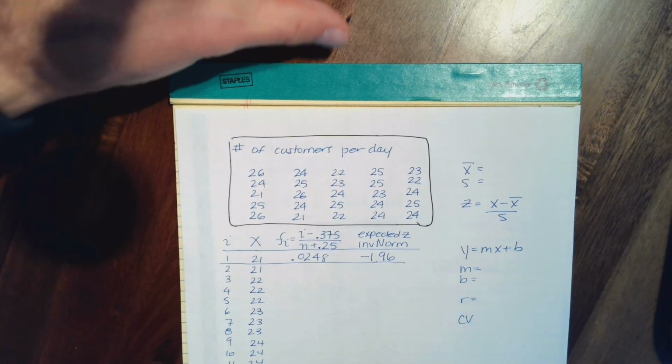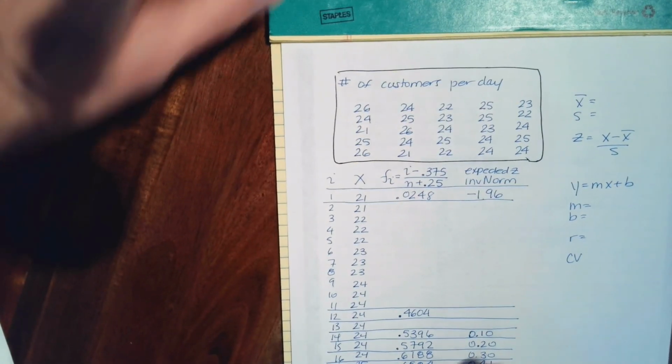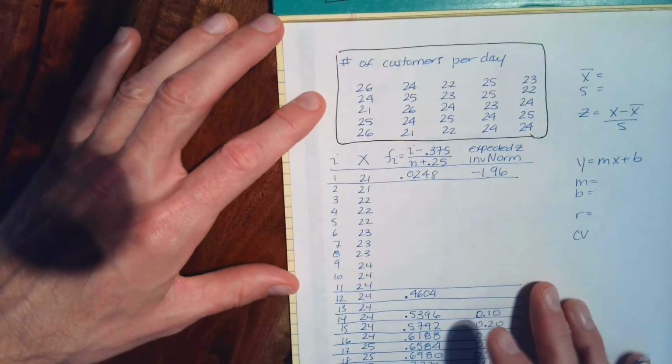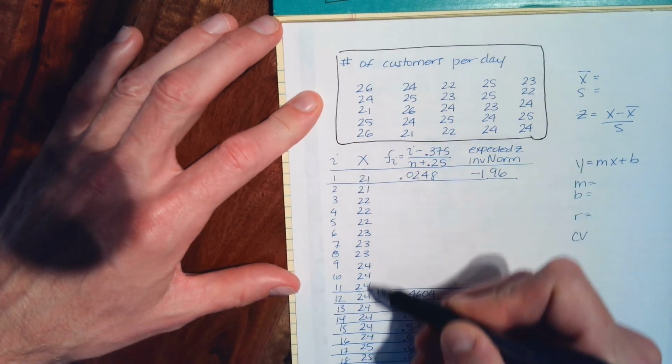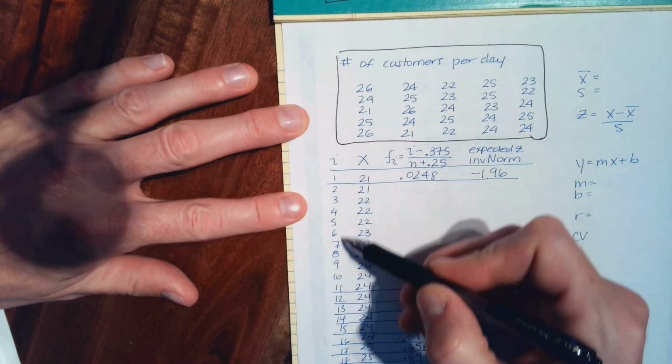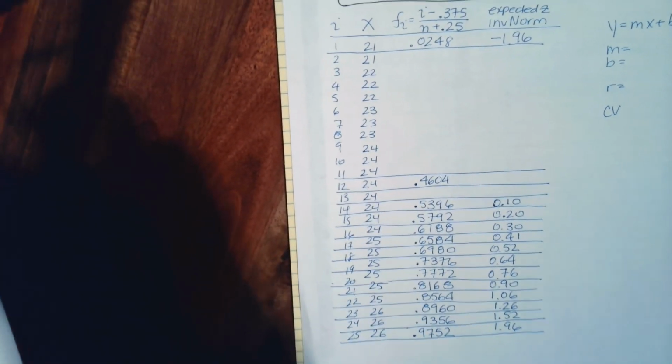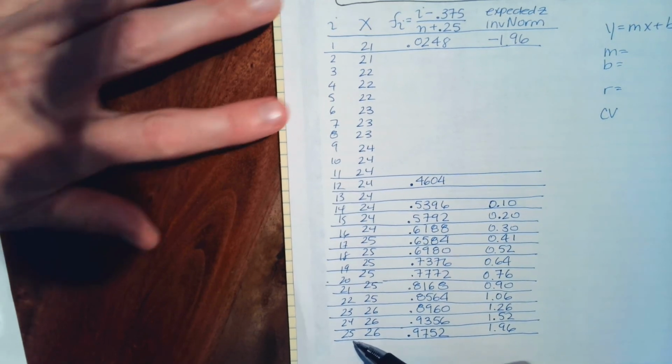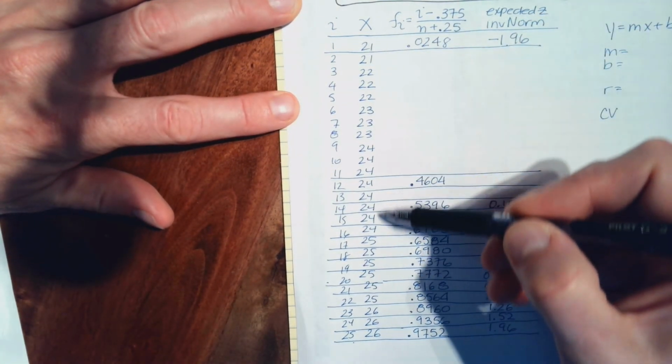So I've taken the raw data and here I've put it in order from least to greatest, so it's in ascending order, and then I've numbered the values 1 through 25 in total. So here's the data in ascending order.